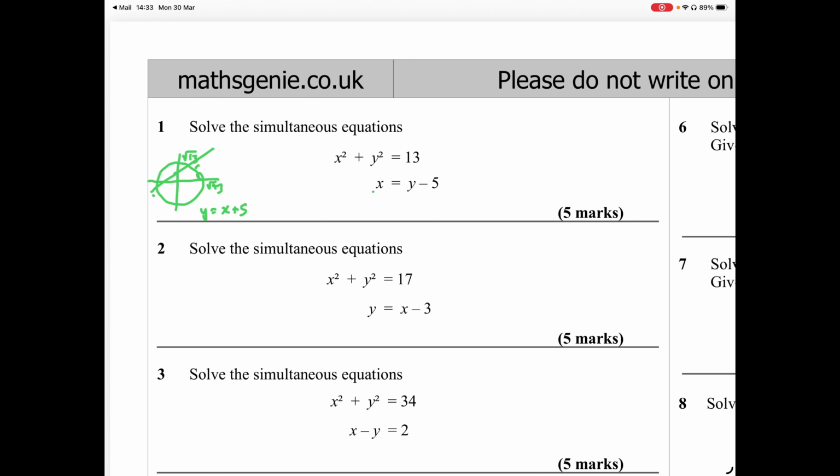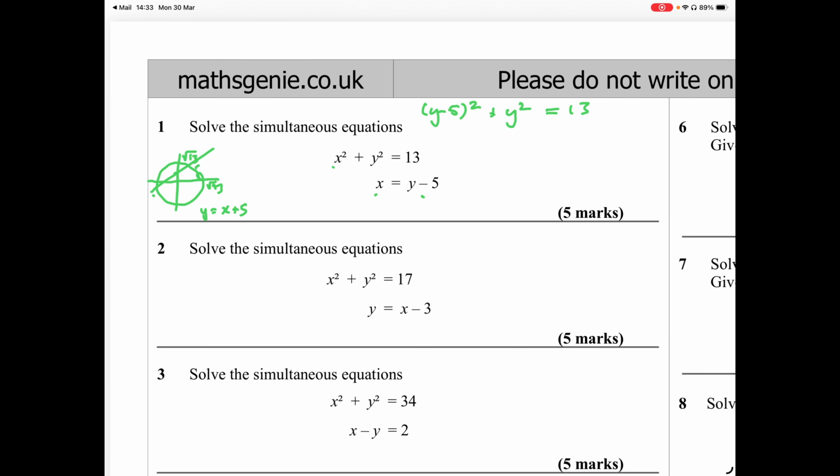So we're going to start off. We've got x equals y minus 5, so we'll put this into this one. So we get (y minus 5) squared plus y squared equals 13.